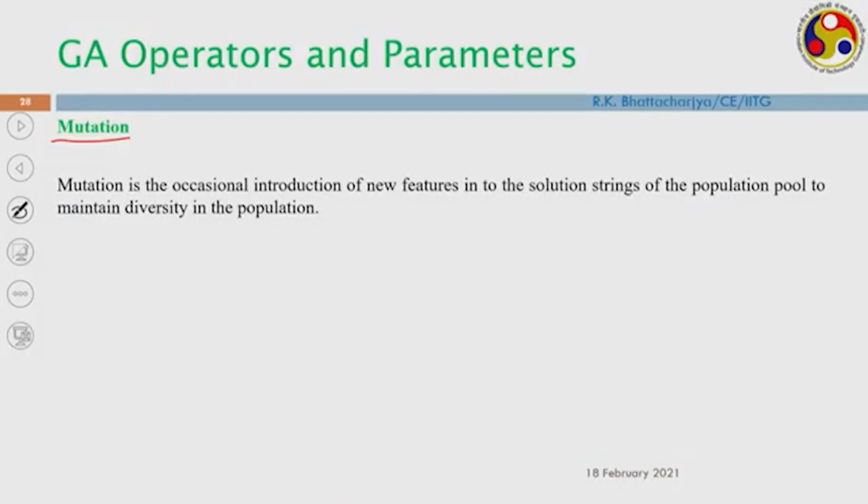So, what is mutation first? Mutation is the occasional introduction of new features in the solution string of the population pool to maintain diversity in the population. You want to maintain diversity in the population, so we are using mutation.